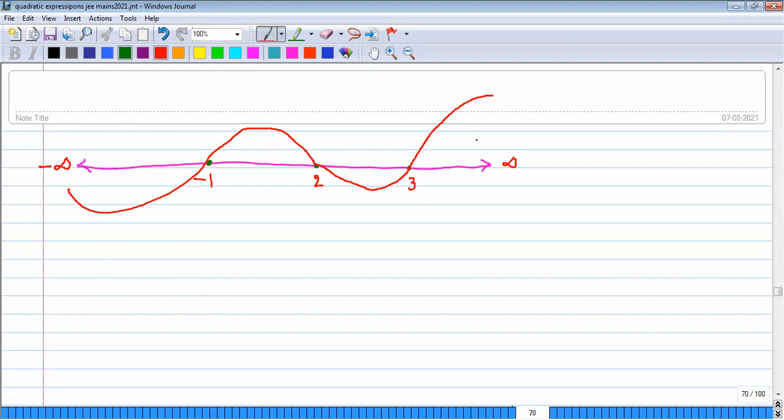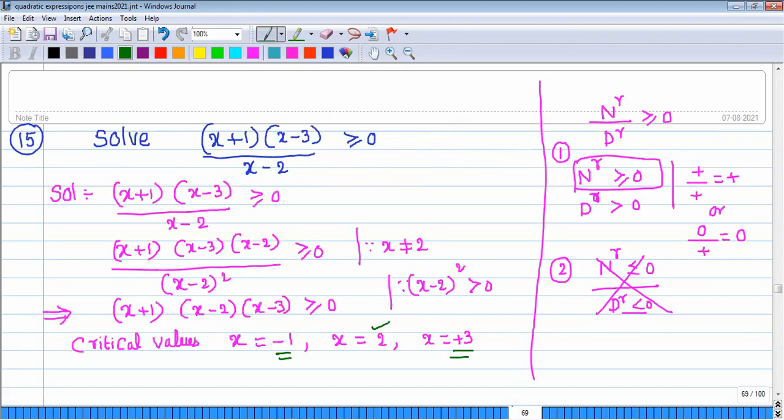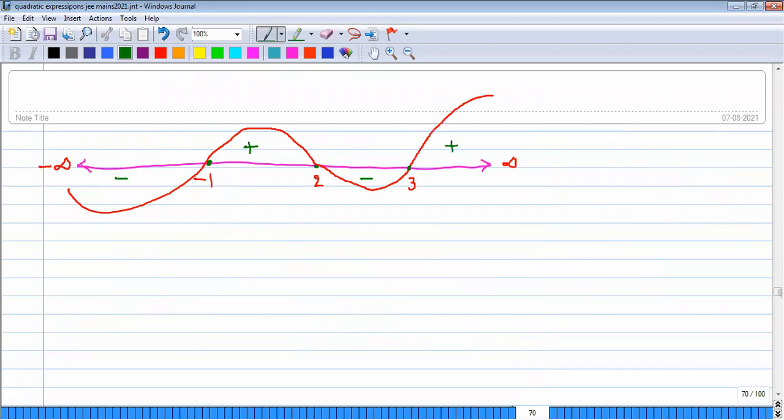So this is plus sign, this is negative sign, this is plus sign, this is negative sign. One more thing you remember: already x does not equal 0, so x is equal to 2 is not included. So take an unshaded circle. But minus 1 is included, and 3 is included. Now we check, it must be positive. So minus 1 to 2 it is positive, and 3 to infinity it is positive.